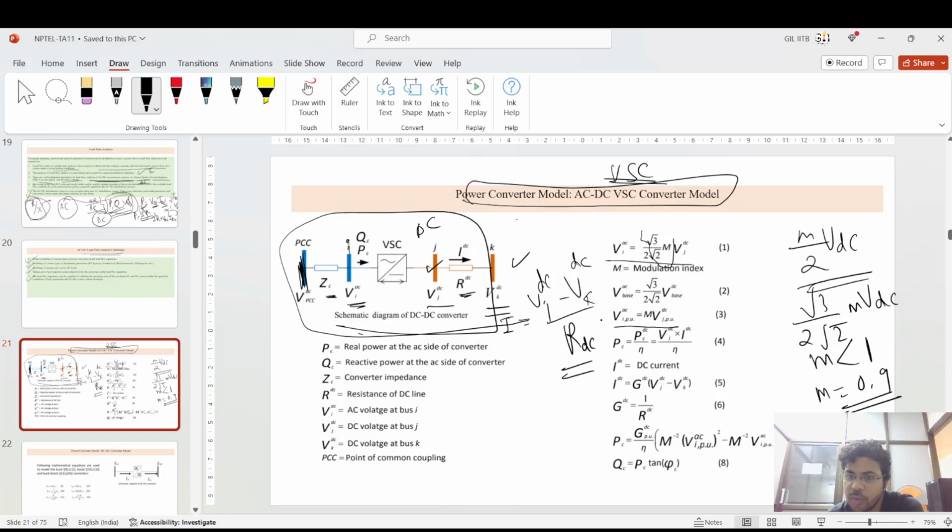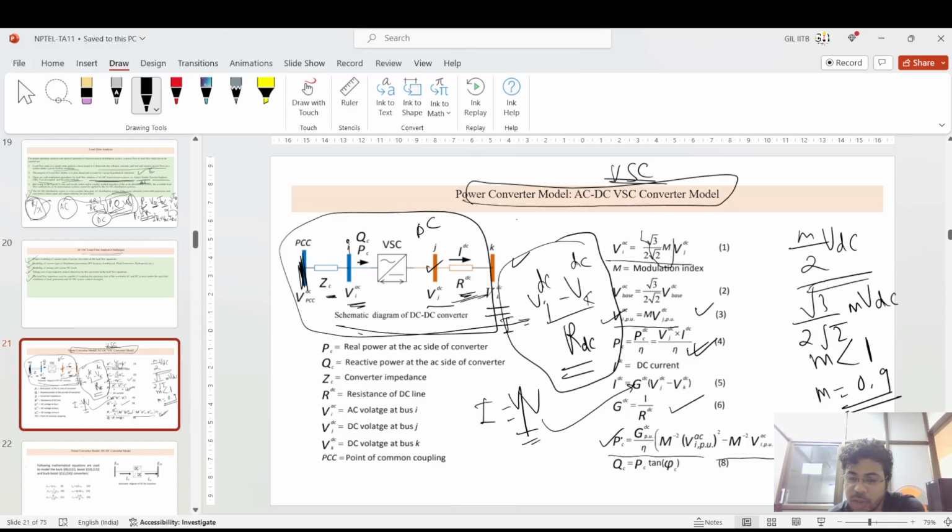Same with this VIPU and the MVDC: how much you have to generate from AC to DC, that factor you have to consider, and you also have to consider the efficiency. So I is equal to VY, where Y is actually GDC, which is the inverse of RDC, 1 upon RDC. That is the same as what I have told here as well, where GDC is 1 upon RDC.